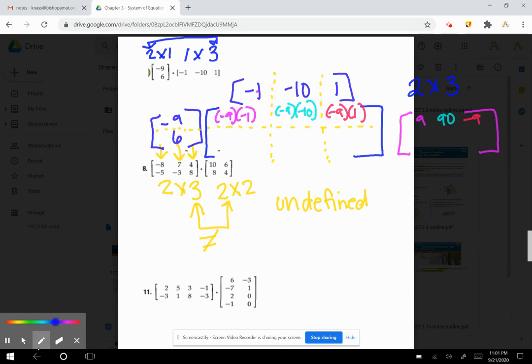Bottom, so bottom number 6 times each one of those. 6 times -1. Sorry, that should be a positive 6. So -6. 6 times -10, -60. And last but not least, 6 times 1, 6. So this is my answer.